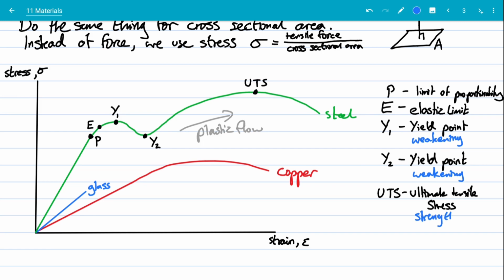That is the maximum stress above which the steel will fracture. You cannot get the stress higher than that. You just can't. And then the last point on this, at the very end, is the point where it breaks, which we can just call the breaking point. So that is what steel does.